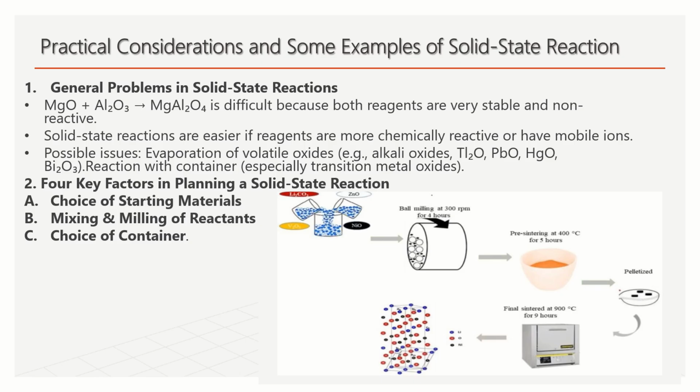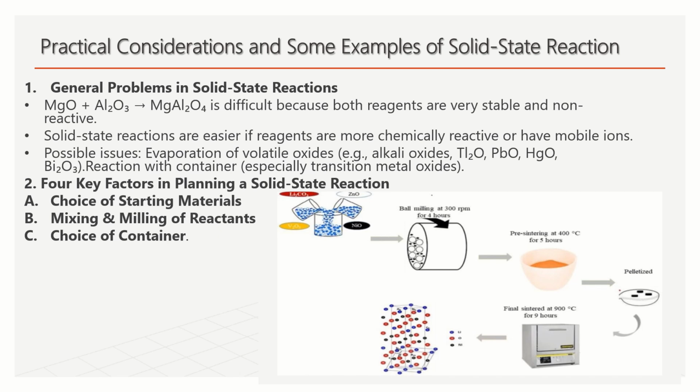The container for heating must be chemically inert. For oxide synthesis, the commonly used containers are platinum, which is very inert but reacts with Li2O, BaO, and many transition metal oxides. Another one is gold, which is more inert than platinum but melts at 1063 degrees Celsius, so cannot be used for very high temperatures.